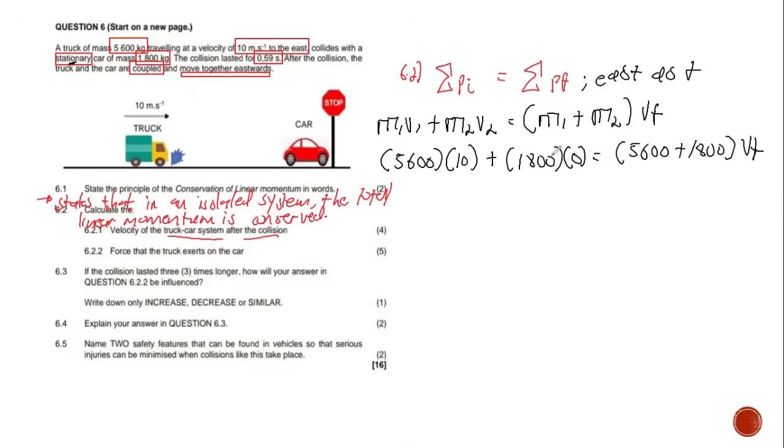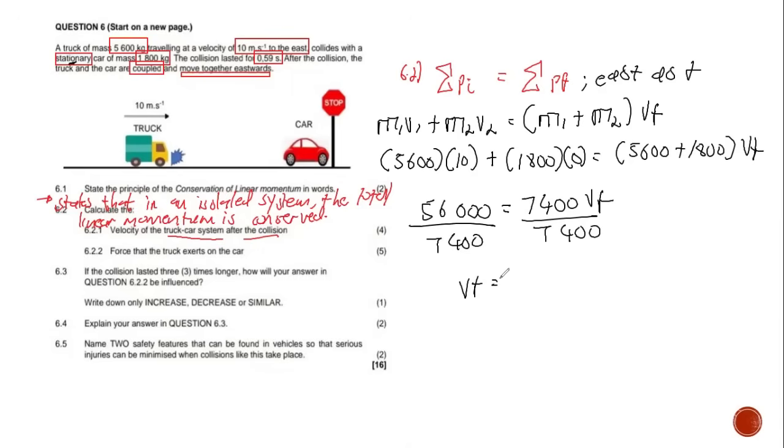Now, obviously, this part will just give us 0 because any number multiplied by 0 is 0. Now, dealing with this, it is 56,000, right? And then 5,600 plus 1,800, we are going to have 7,400. And then vf. Now, dividing both sides by 7,400, our final velocity is 56,000 divided by 7,400.